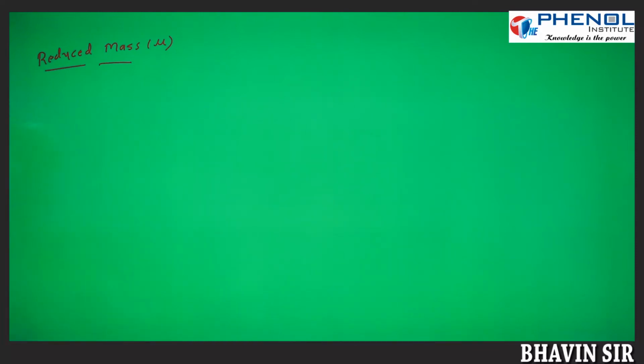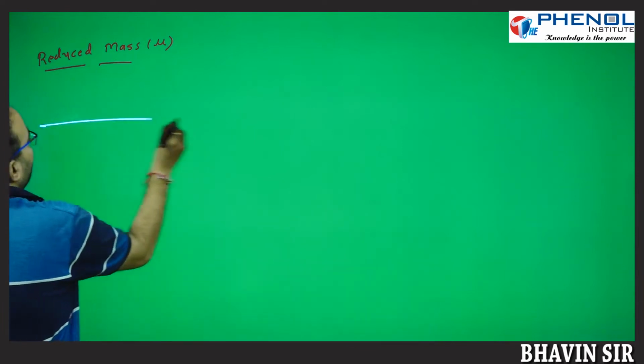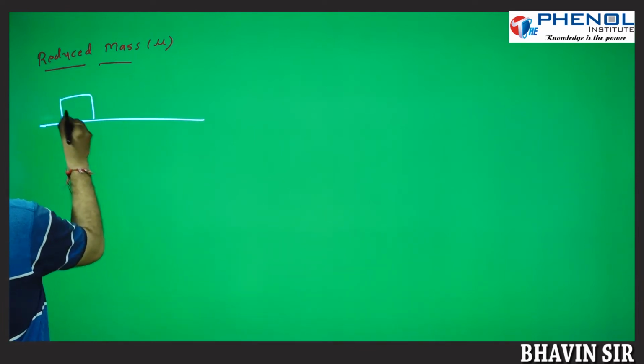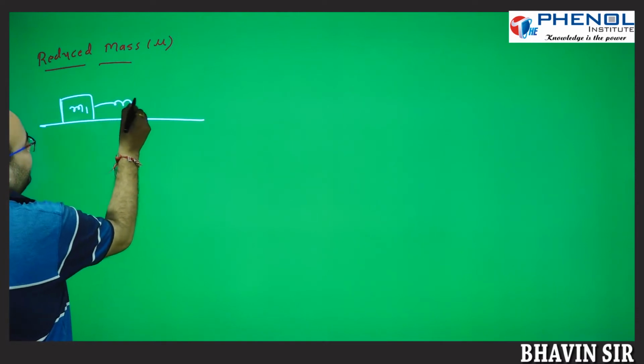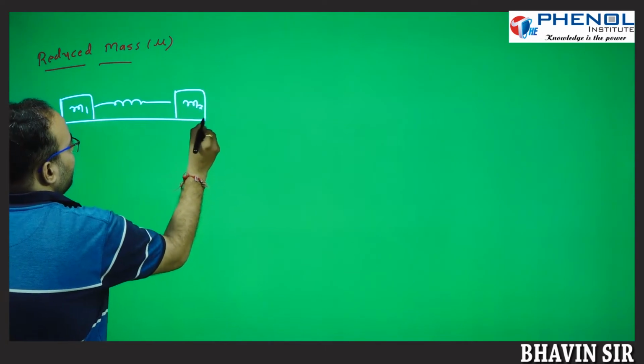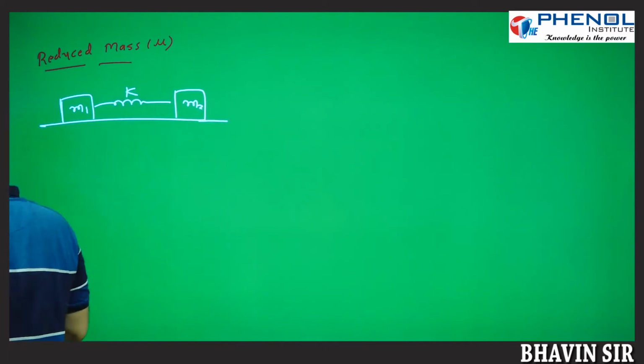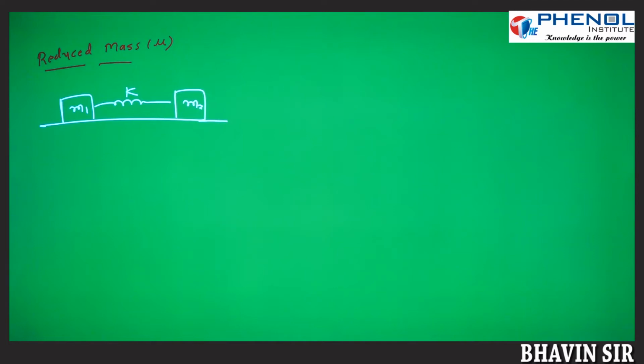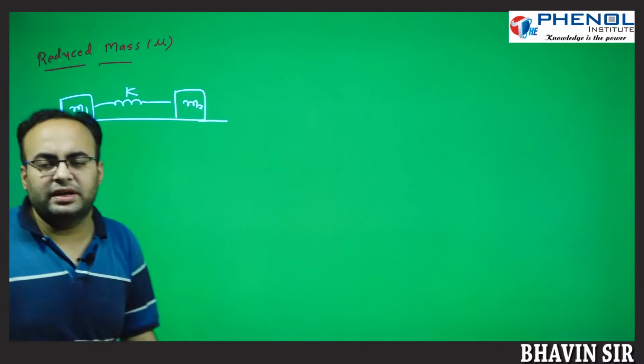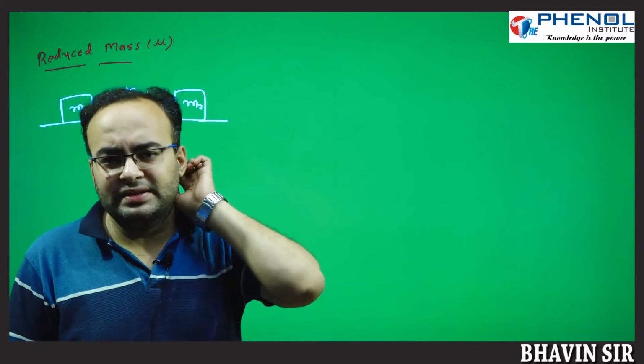Suppose there are two blocks, M1 and M2, and between the two blocks one spring is connected. So students, see now what is the effective mass.